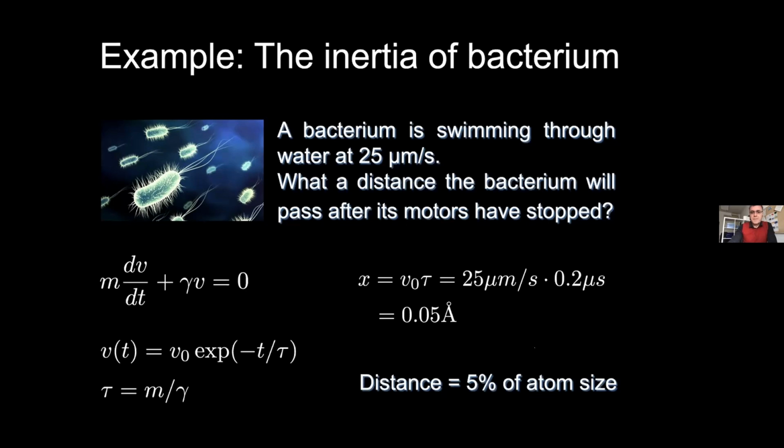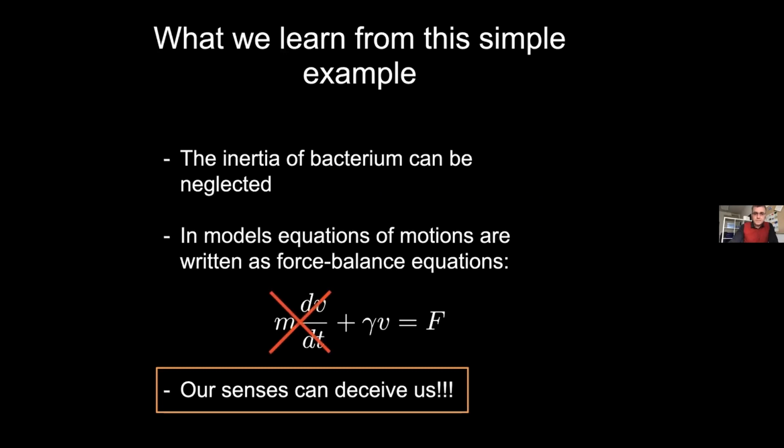And so if we check this distance covered by this atom size or this bacteria, we can see that it is indeed very small distance covered, which brings us to several interesting conclusions.